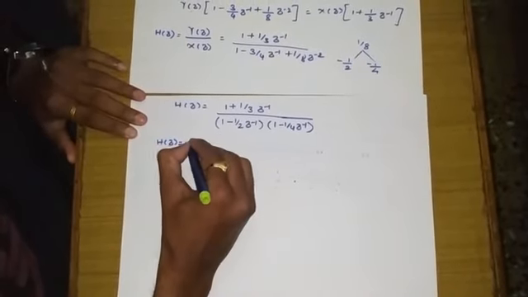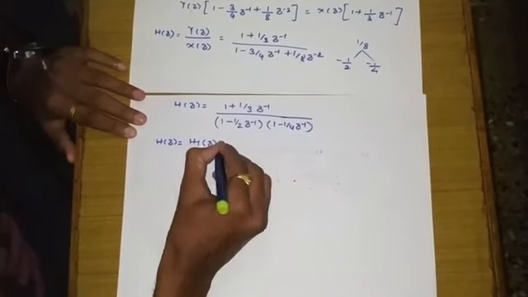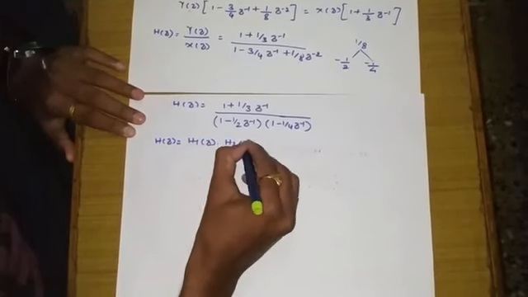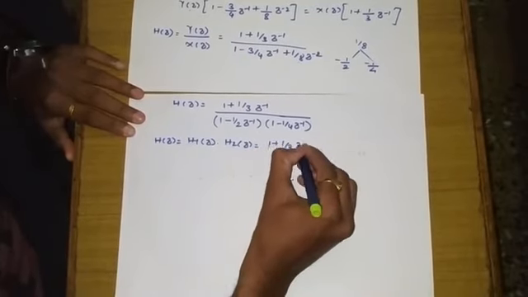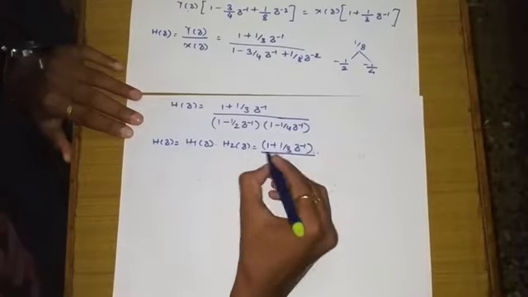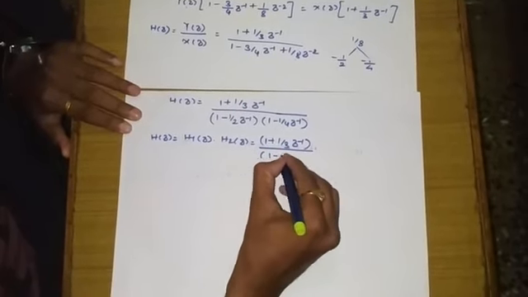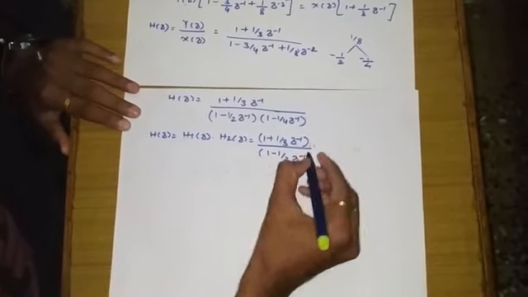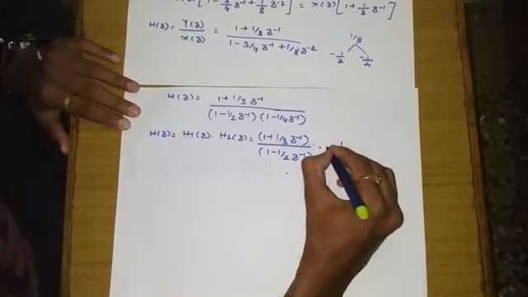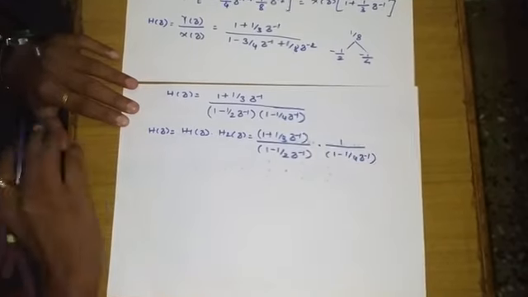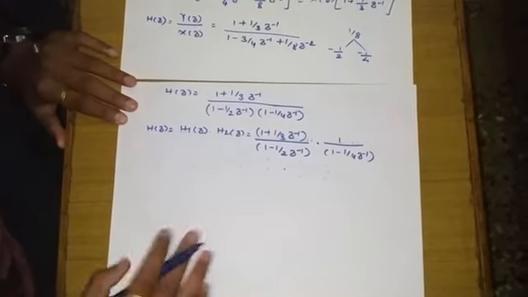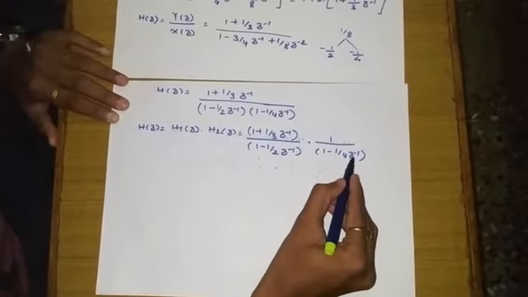H of z is equal to H1 of z into H2 of z, so we'll just multiply this term. I'm writing 1 plus 1 by 3 z inverse divided by 1 minus 1 by 2 z inverse, into 1 upon 1 minus 1 by 4 z raised to minus 1.